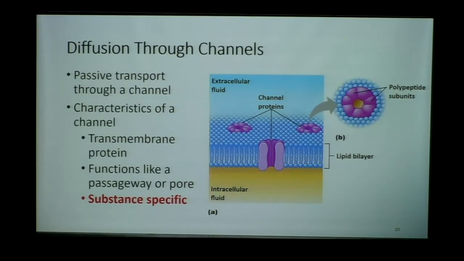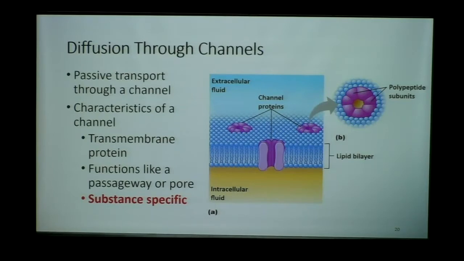This is still not simple diffusion, still passive diffusion, right? There are three types of passive diffusion: simple diffusion, facilitated diffusion, channel mediated diffusion, okay? I hope that's clear. So not simple because we're using some sort of mechanism or some sort of transporter, but it still is passive because we don't require energy and because we're using that concentration gradient.